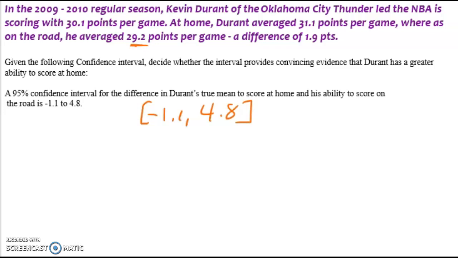So when I'm deciding if I have evidence that he has a greater true mean, because we're trying to be a little bit more advanced with our language now, I look at the interval. I see it goes from negative to positive, which means what value does it have in the middle of it? 0.